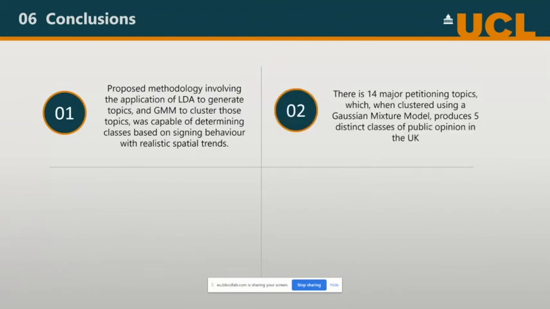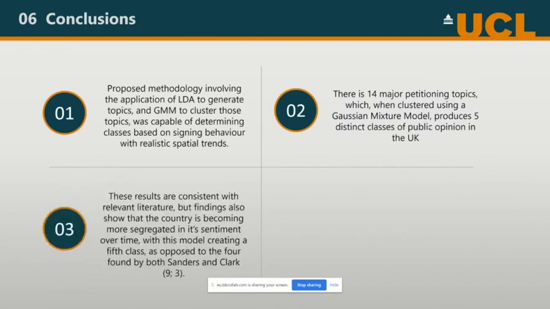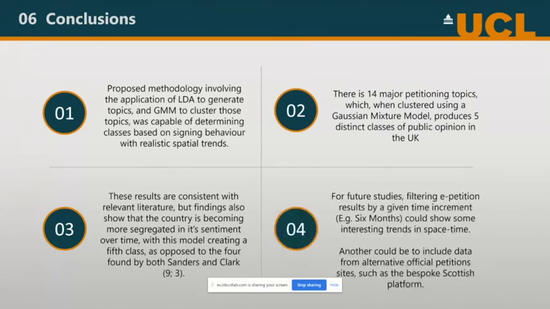There are 14 major petitioning topics, which, when clustered with the Gaussian mixture model, produce 5 distinct classes of public opinion in the UK. These results are consistent with relevant literature, but the findings suggest the country is becoming more segregated in its sentiment over time, like I said, with the model creating the 5th class.